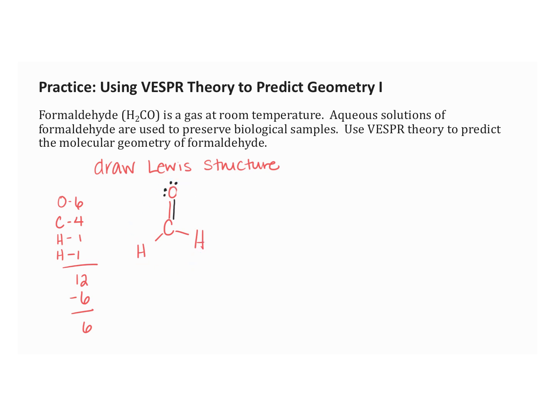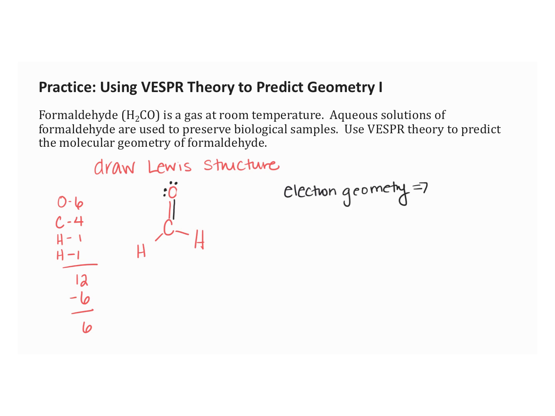So that's our first step. When you are asked to do VSEPR, or when you're asked to find the geometry, that's what you're going to do. That's our very first step there. So when we look at this, we see a central atom and it has 3 groups. So the first thing you want to do is identify that electron domain geometry, or the electron geometry.